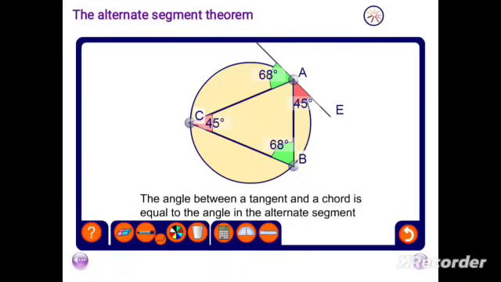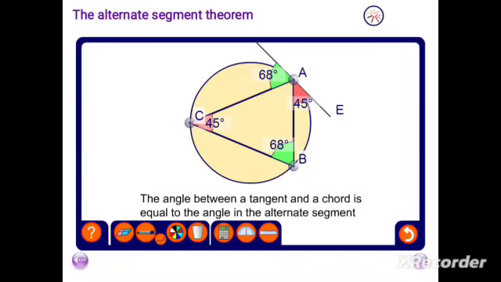As you can see, 68 is an angle formed by a tangent and chord AC. So because, from our statement, the angle between a tangent and a chord is equal to the angle in the alternate segment, the alternate segment is the major segment, that is AB and C.